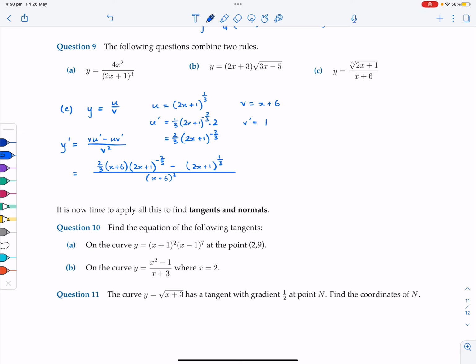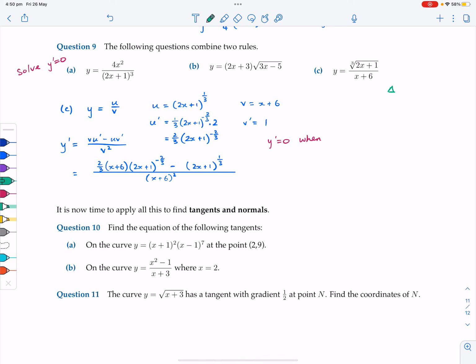All done. Now, something I did in class was I gave the challenge of solve y dash equals 0. And I'm just going to do this for C, right? Not for all of them. So y dash equals 0 when... Now, have a look here and have a think. We have a fraction and then we want the fraction to equal 0.